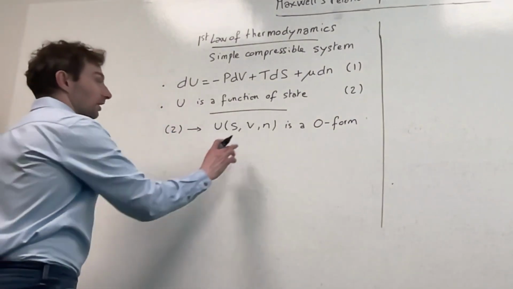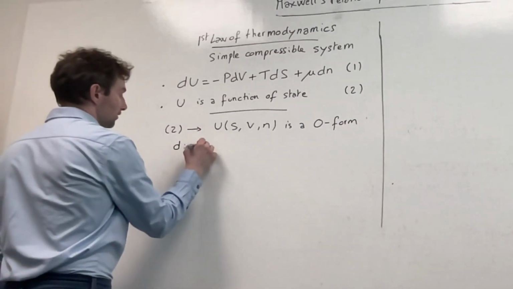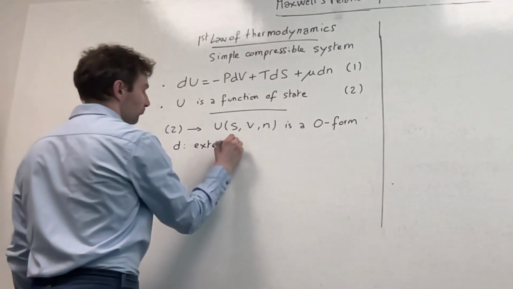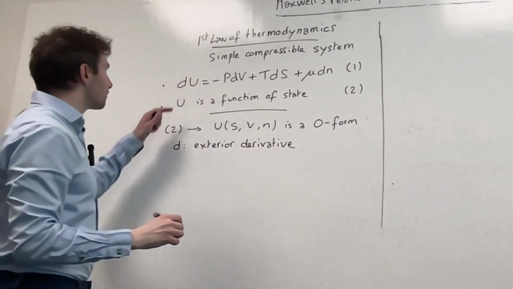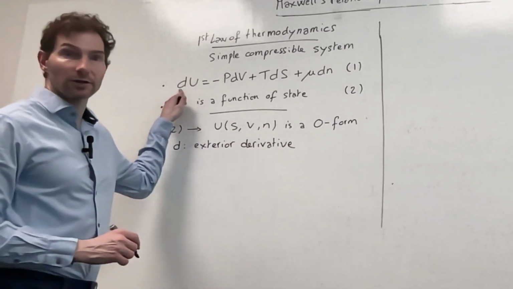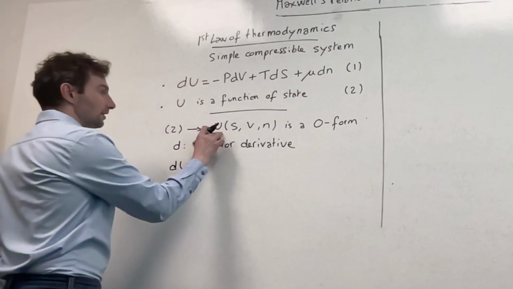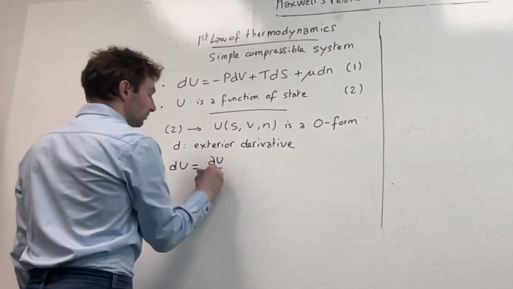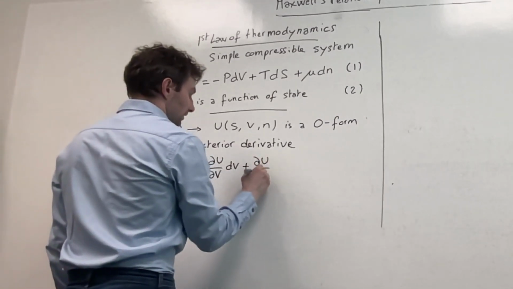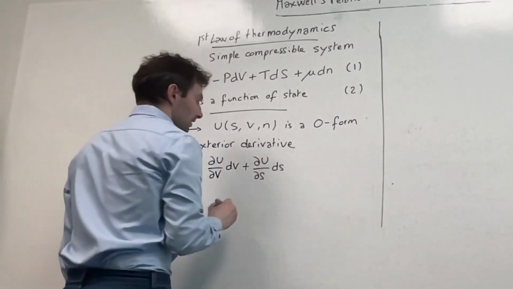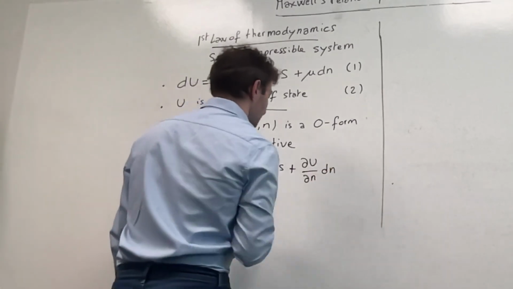And then once I'm there, I'm going to say, well, therefore, I can interpret d, the exterior derivative, and imagine that the dU here is the actual exterior derivative. And so if that's the case, I also know that dU has to be equal to ∂U/∂V dV plus ∂U/∂S dS, and then plus ∂U/∂N dN.